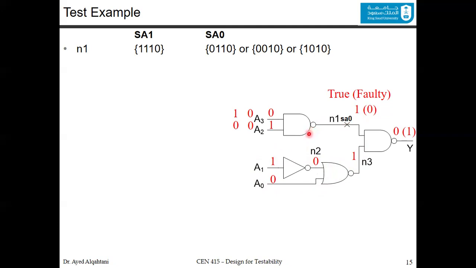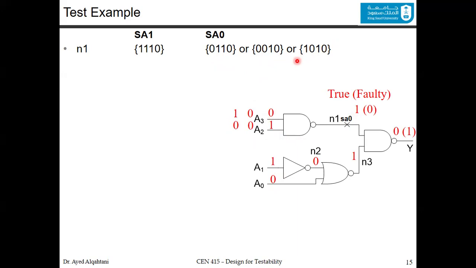Actually, in 3 ways: if you put 0 and 1, or 1 and 0, or 0 and 0. All of these 3 possible combinations can give you a 1 here. And this is why you have a choice here with stuck at 0. You actually have 3 choices. Either you choose 0, 1, 1, 0, or 0, 1, 0, 0, or 0, 1, 0, 1. These are the 3 choices.